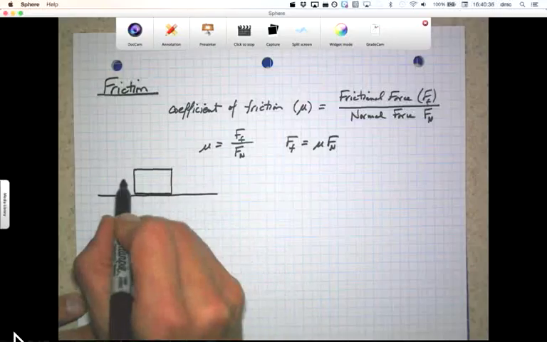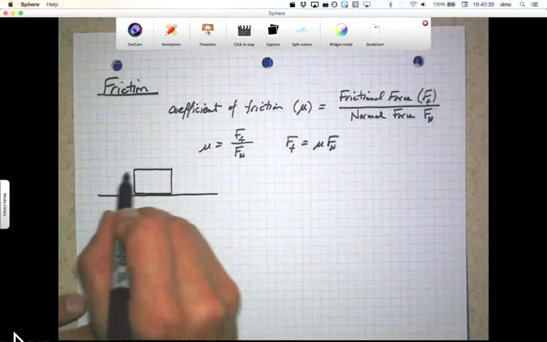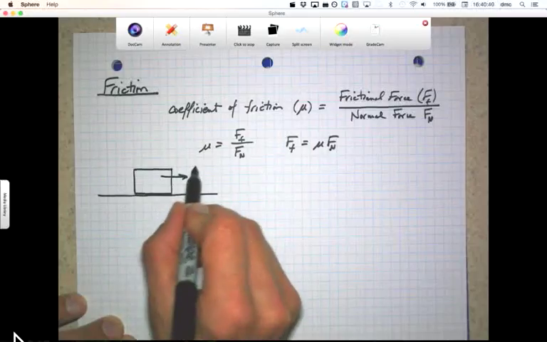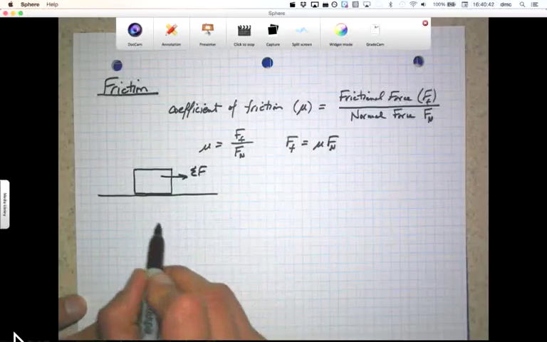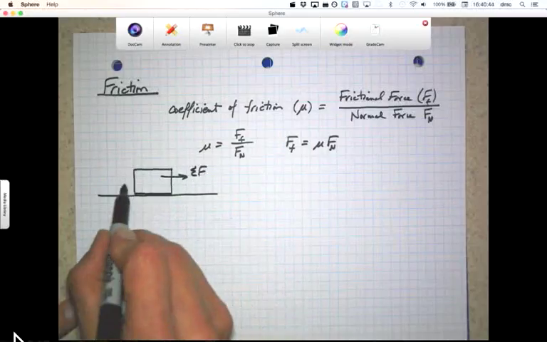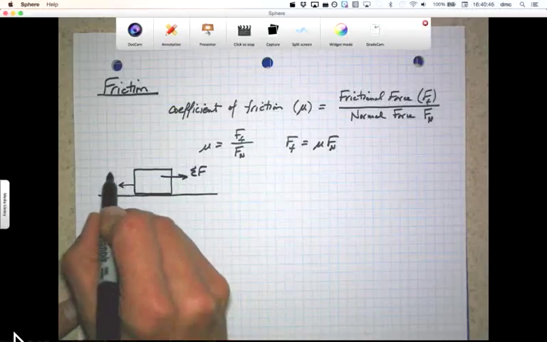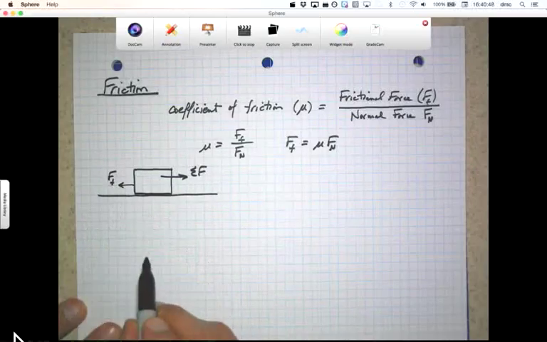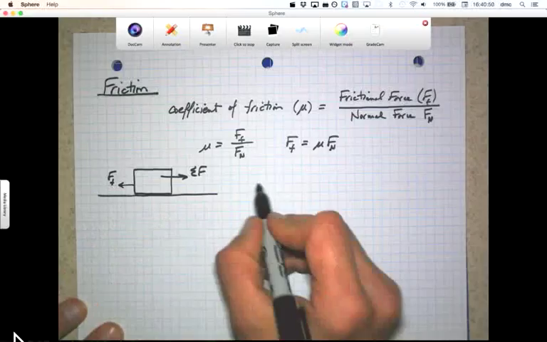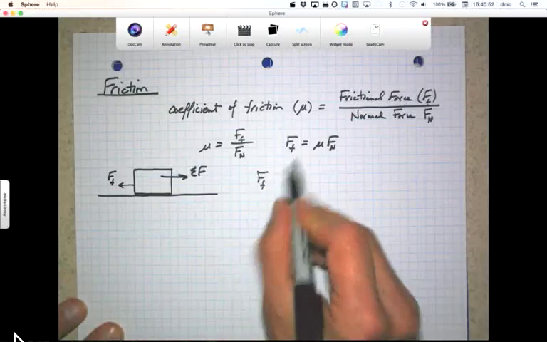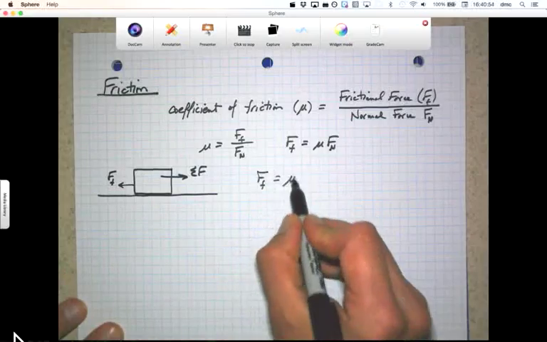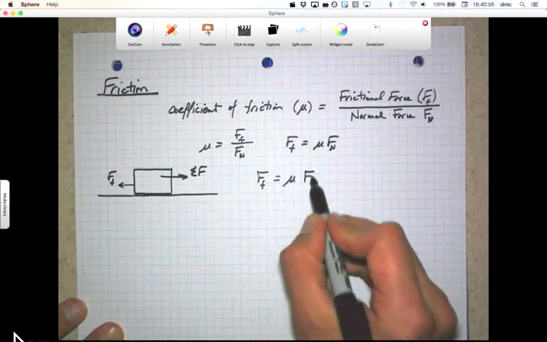So, if the net force pushing on an object is to the right, then the friction force will be to the left. And that friction force, as we've seen, is equal to mu times the normal force.